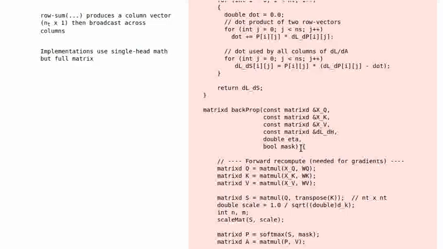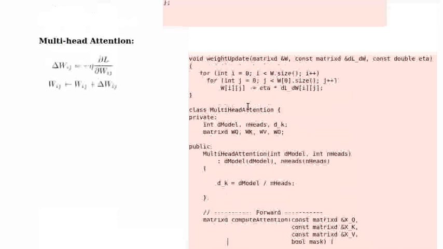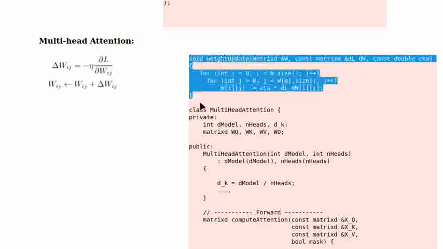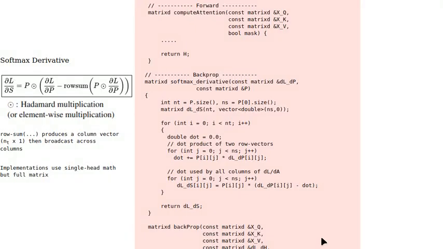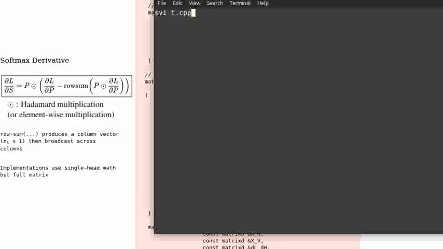Now let's copy this to a file so that we can refer to the formulas we discussed earlier more easily. Here, copy this. I've just copied this code to this file t.cpp.